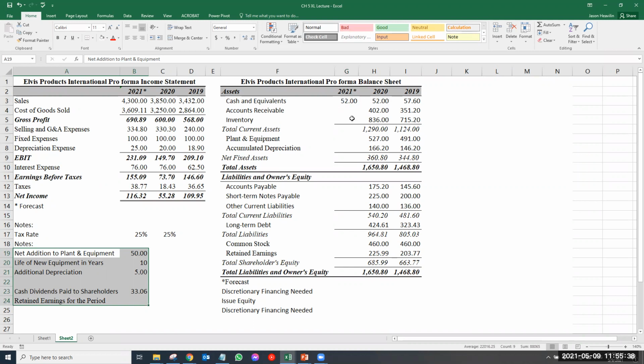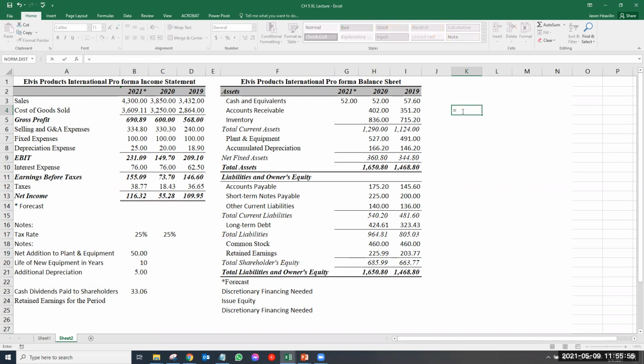No problem. Now for accounts receivable, we want to see the relationship between the accounts receivable of the previous years and the sales of the previous years. So let's see what that looks like. So I do the equal sign to start the formula. I'm going to take the accounts receivable of 2020 and I'm going to divide it by the sales of 2020.